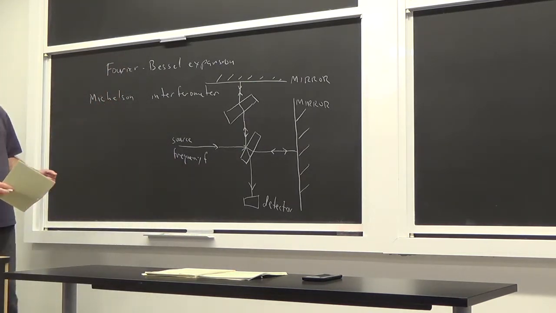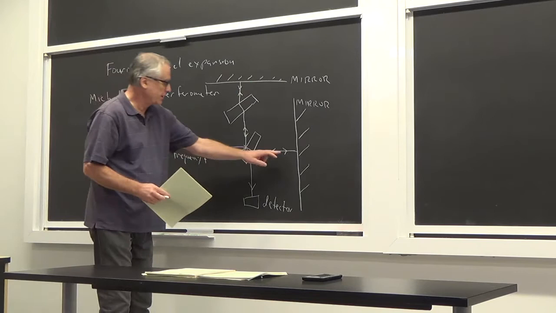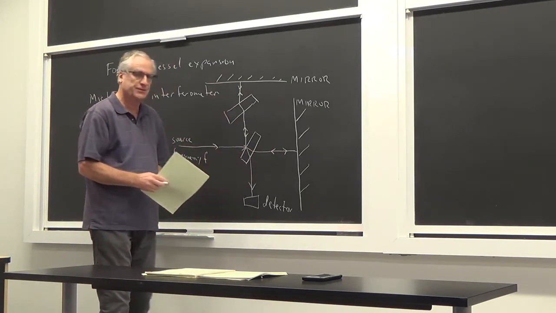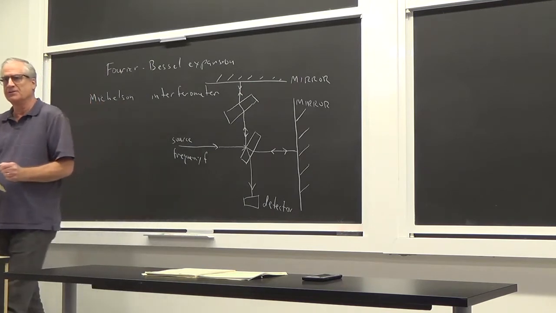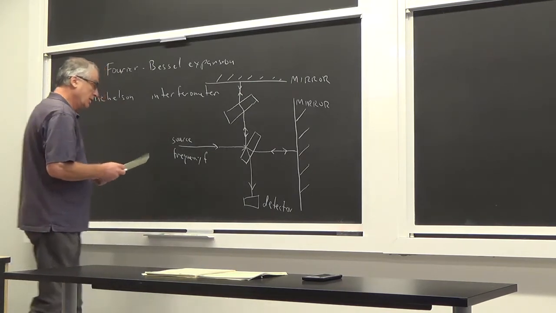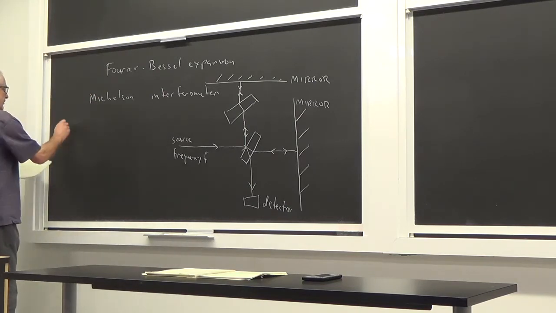In particular, if the phase of the light that comes back here and down, and the phase of the light that goes up here and down isn't the same, they will interfere in some way. So let's do a little analysis of that.